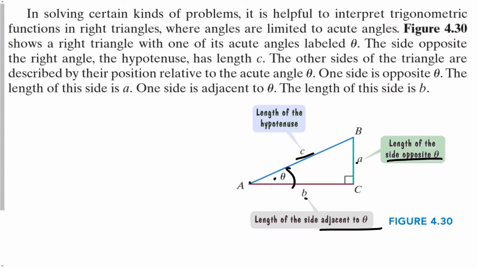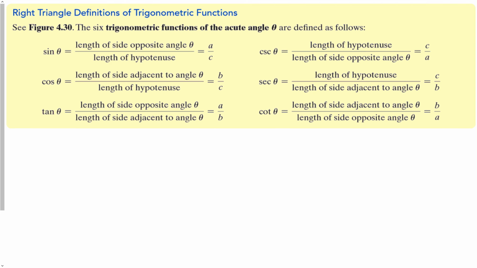And we can set up our 6 trig ratios in terms of these ideas of a triangle. The sine is the length of the side opposite over the length of the hypotenuse. The cosine is the length of the side adjacent over the hypotenuse.